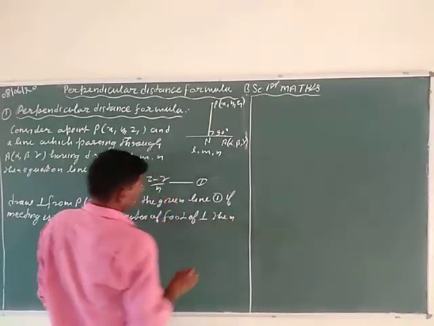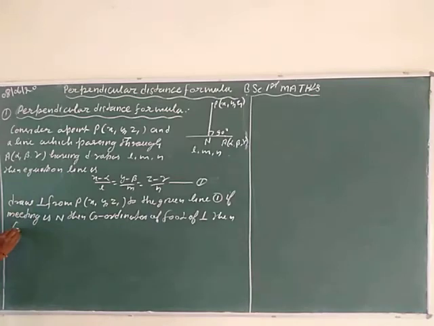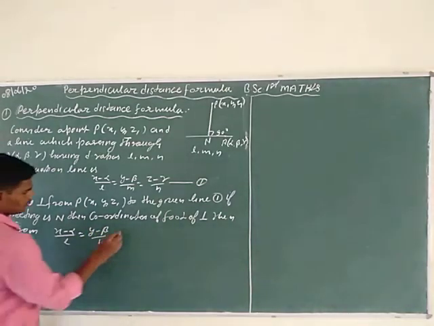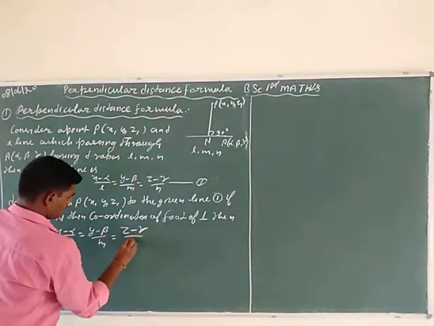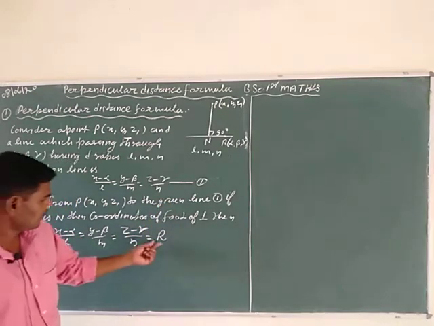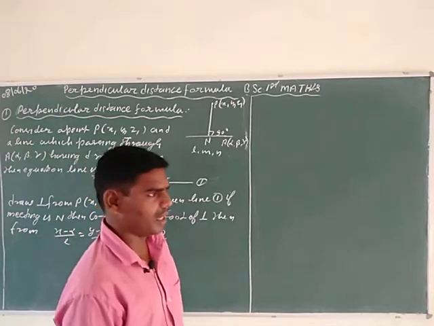Then from equation first, (x minus alpha)/L = (y minus beta)/M = (z minus gamma)/N, suppose this equals capital R. Here capital R is unknown.